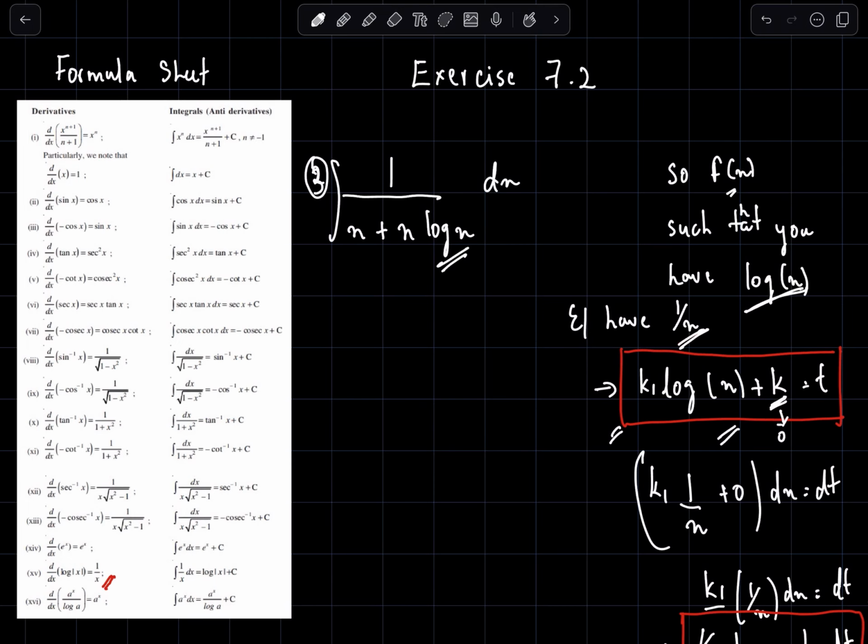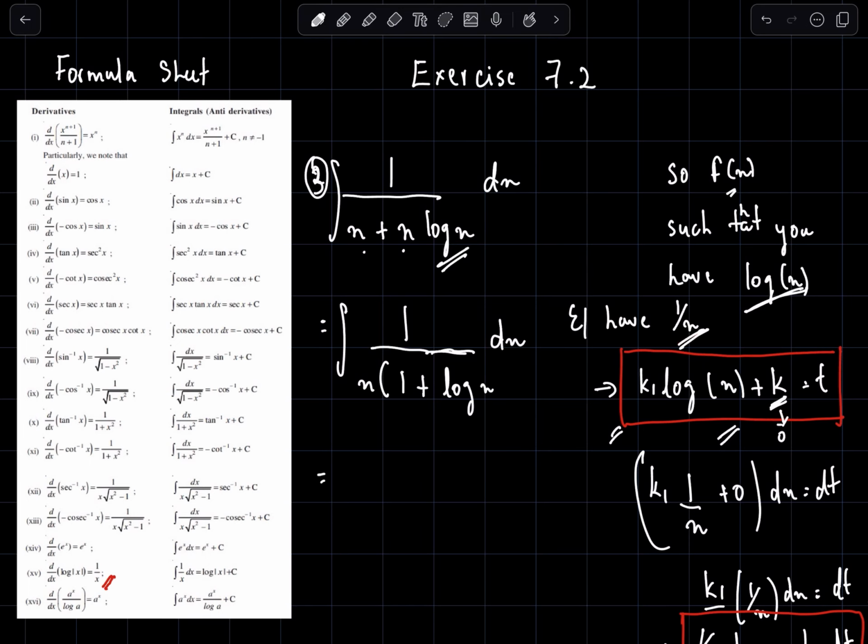But it's actually there, because between the plus sign, x is a common factor in these two. So I can take out x, which would result in integral of 1 over x times 1 plus log x dx.